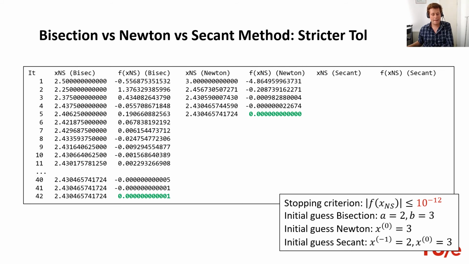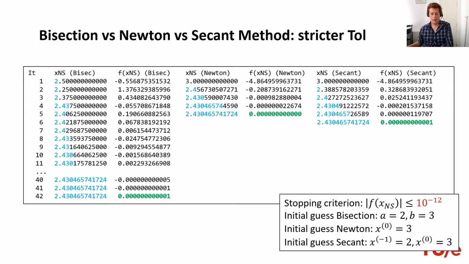However, we saw that Newton's method really starts to shine when we increase the desired accuracy, so we decrease the pre-specified tolerances on the solution. Where bisection required more than 40 iterations, Newton was able to get to very high precision within only 5 iterations. Looking at the secant method here, we see that it also requires very few iterations, only 6 iterations to get to this very high precision.